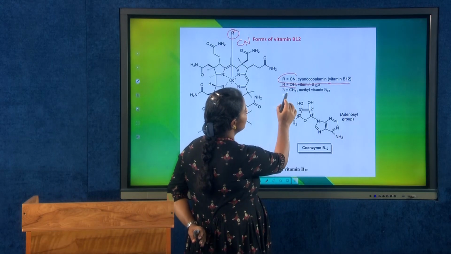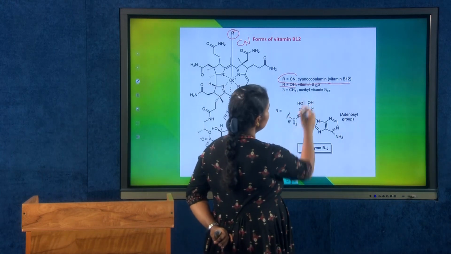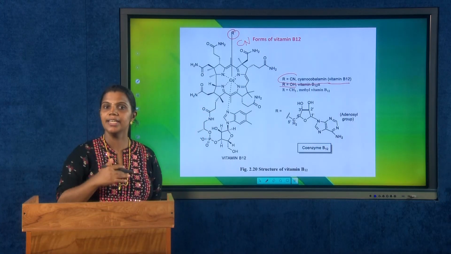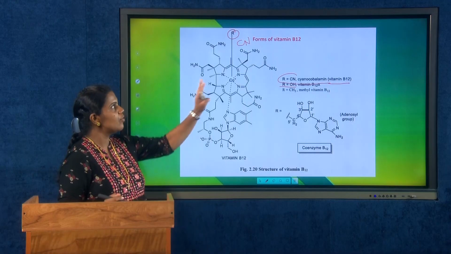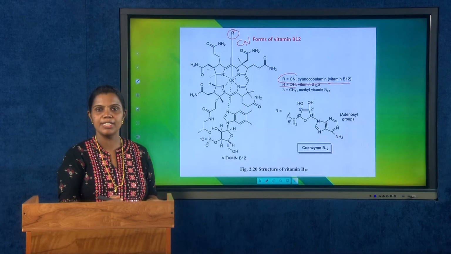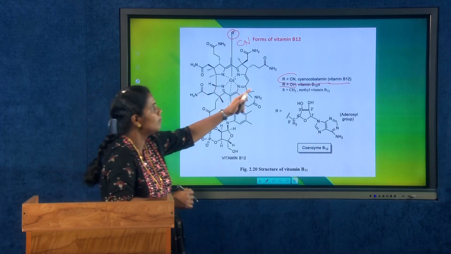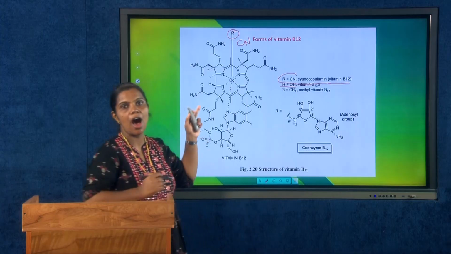When R is CH3, it is called methyl vitamin B12. The basic structure is the same, but we get different forms as the substituent R differs.